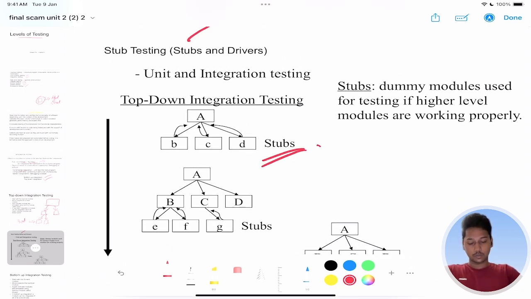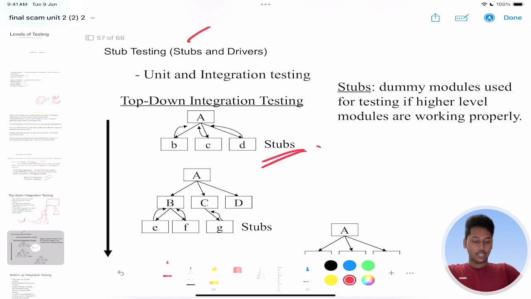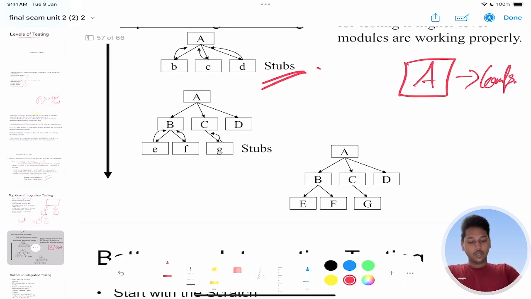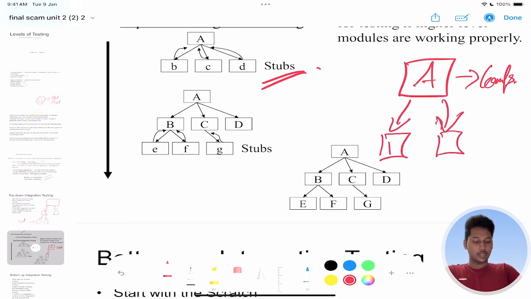Stubs, we'll discuss. Imagine a module A is there, and we have completed making module A. Now if we want to test A, we need the smaller modules also, B and C. Imagine B and C, but we are not ready.